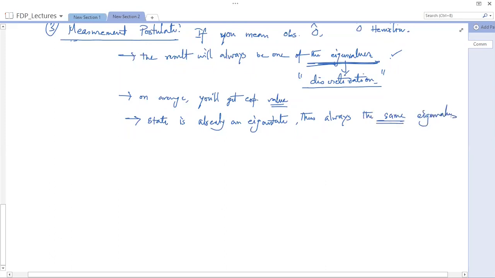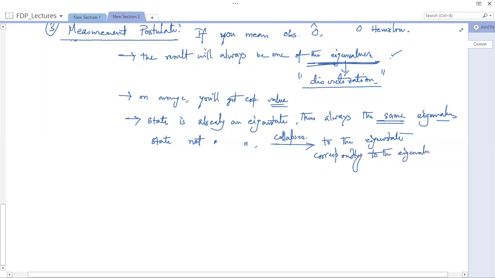And if your state is not an eigenstate, then it collapses to the eigenstate corresponding to the eigenvalue that you have measured.